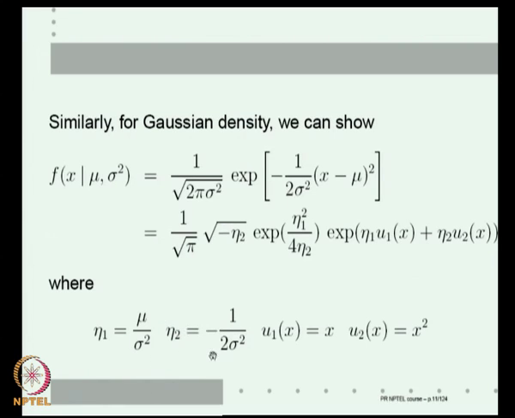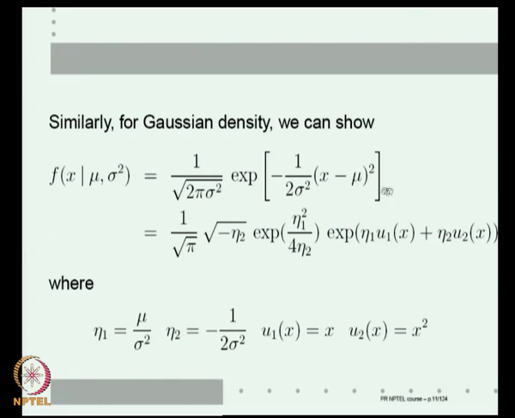Eta 1 is mu by sigma square, eta 2 is minus 1 by 2 sigma square. As a matter of fact, there is a one-to-one correspondence between the eta parameterization and the mu, sigma parameters. Given a mu and sigma, there is a unique eta 1, eta 2, and similarly given an eta 1, eta 2, there is a unique mu, sigma. So, this is an invertible transformation. But if I choose these etas as the parameters, with u 1 of x as x and u 2 of x as x square, one can write the Gaussian density in the required form.